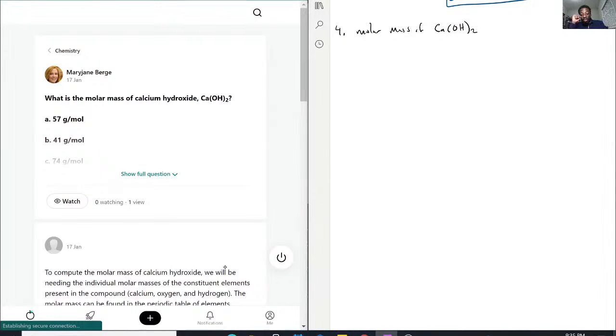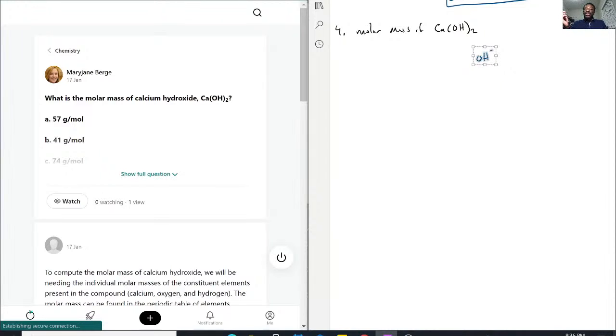Now, with this, as discussed in the previous question, I'm going to go ahead and restate it. If we were not given the molecular formula of calcium hydroxide, the way we have to find this is by understanding what hydroxide is, which comes from practice and memorization, because hydroxide is a polyatomic ion, just OH, and it has a charge of just -1.